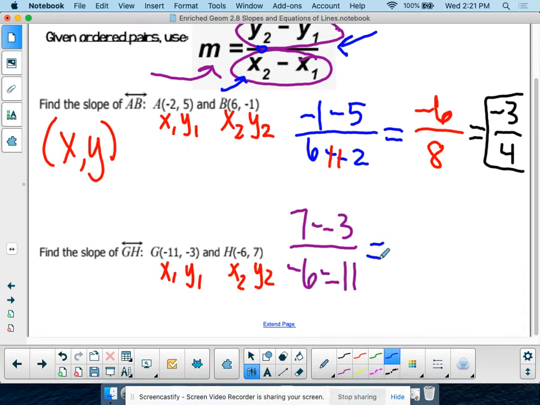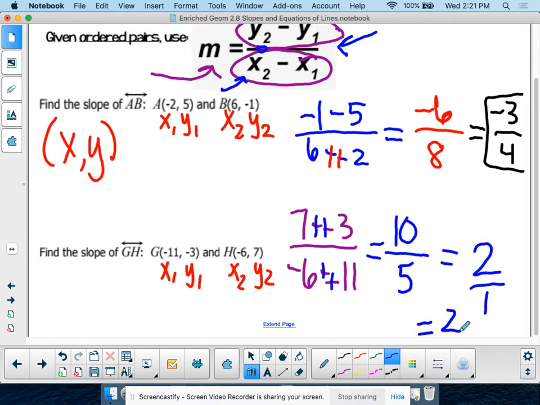All right, let's simplify. 7 minus -3 is 10. -6 minus -11 is really like adding, so it's -6 plus 11, which is 5. 10 over 5 is 2 over 1, or you could just write it as 2. Either of those is a great answer.